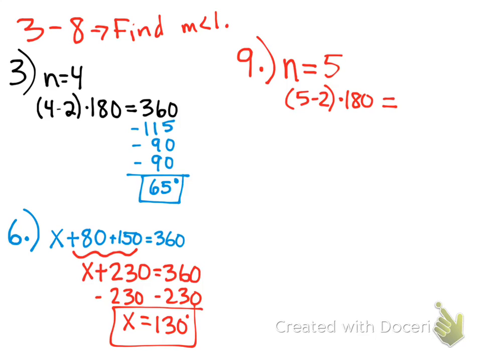What is it? 540, good. Great, and then number 12 is actually the exact same thing that we did on number 3. So that's where you start with the n, find the sum, and then subtract the angles that you know. And then I want to see what you guys can come up with on your own for 15, 16, and 17.